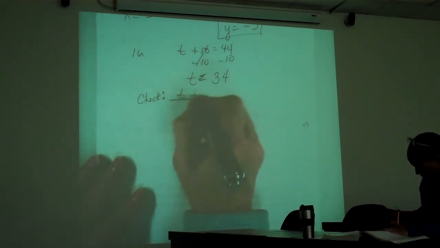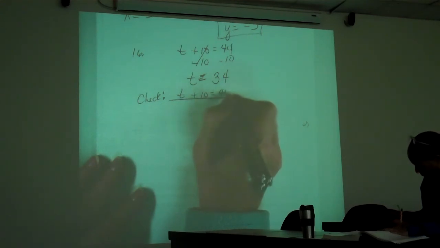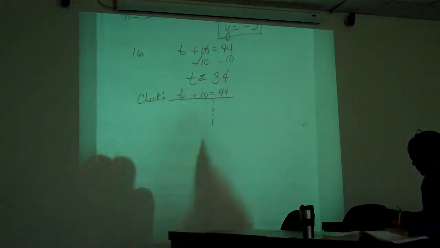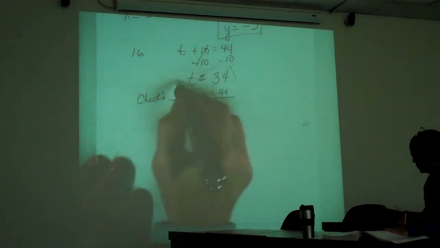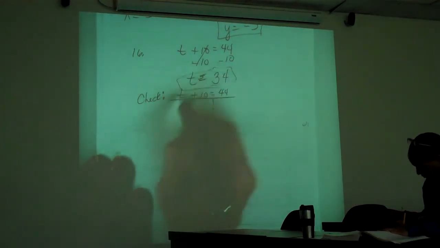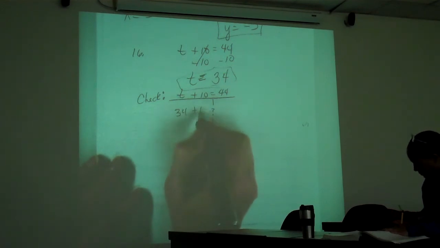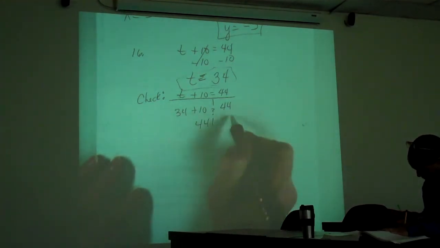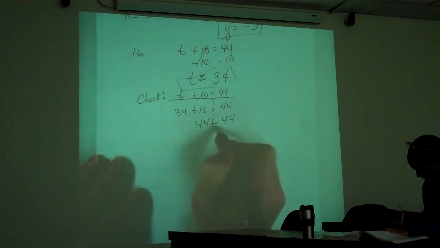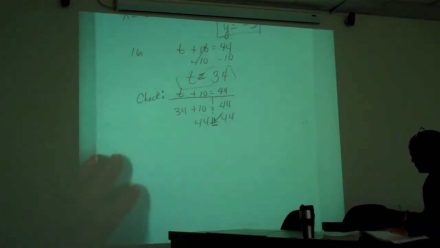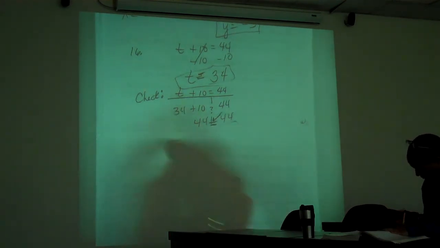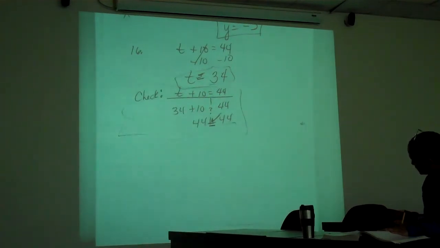It has t plus 10 equals 44, and it has a little question mark there. So what it's wanting you to do is just plug this in. 34 plus 10 is 44. So you get 44 is 44, and you see that it checks. That's all it's wanting you to do on that row where it has the little check, is plug it back in and check it.